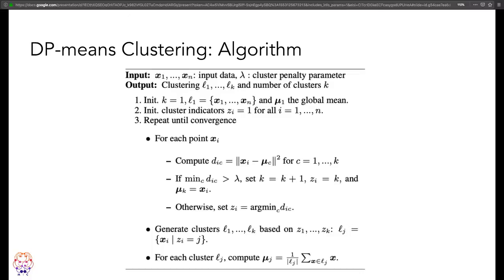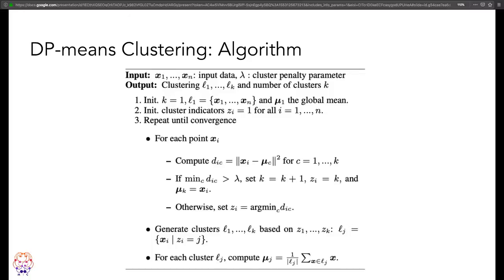K-means and DP-means, as you've seen, are hard clustering algorithms. We're saying a data point is in a cluster or it is not. So we're associating each point with the cluster number that it's in. That's what the cluster indicators mean. For every data point, we initialize some indicator that tells us which cluster it's in.